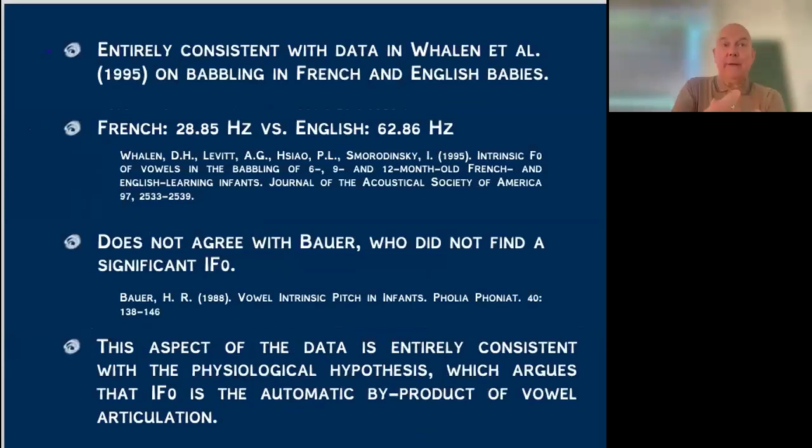So they found in that study on French and English babbling infants an IF0 of almost 29 for French, and a quite big IF0, 62, 63 for English and babbling.